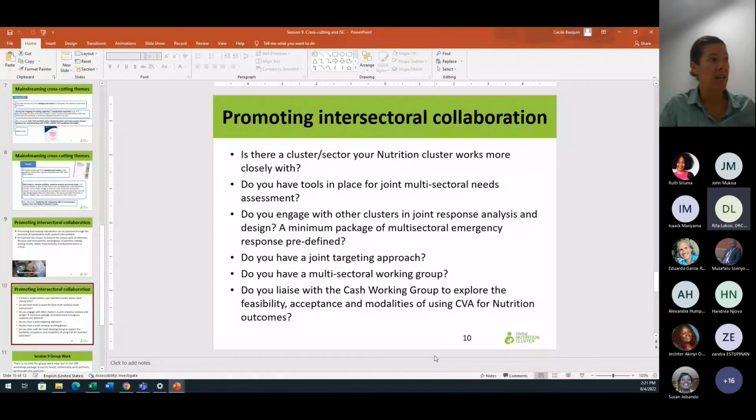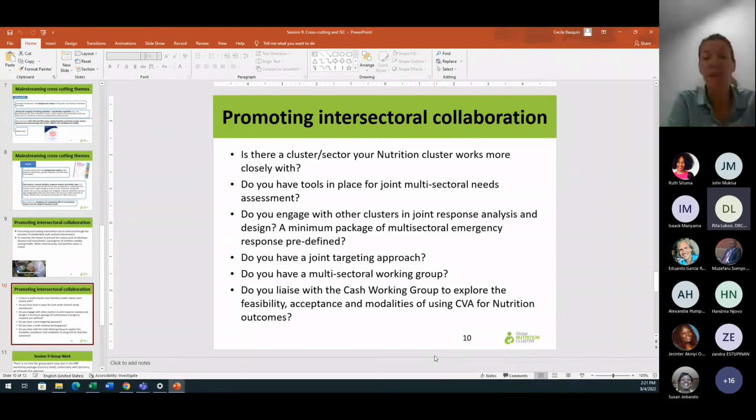And see whether you could have, if needed, if relevant, tools for joint assessment of needs, and whether you can engage with other clusters and sectors in also a joint response analysis and design, with defining a minimum package of a set of few activities from the various sectors that will be your multi-sectoral emergency response package, predefined, and having a joint targeting approach.